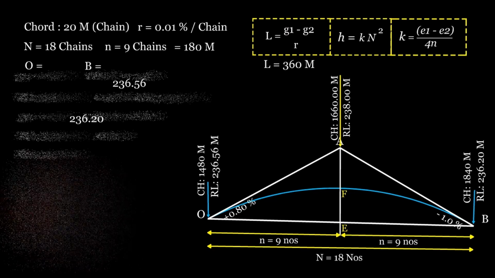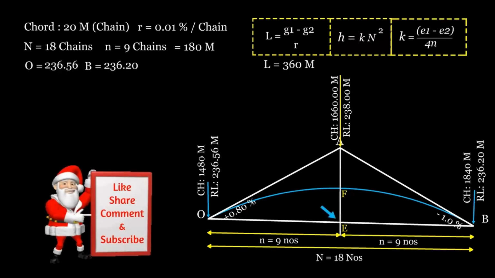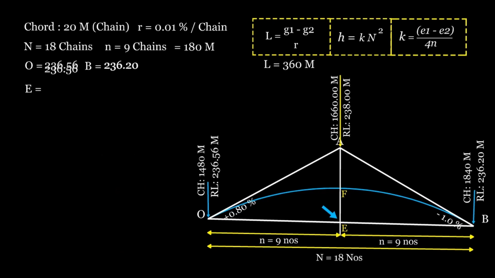Step 4. Find the value of point E. Point E is the average of points O and B, so E equals (236.56 + 236.2) divided by 2, which equals 236.38 meters. Step 5.